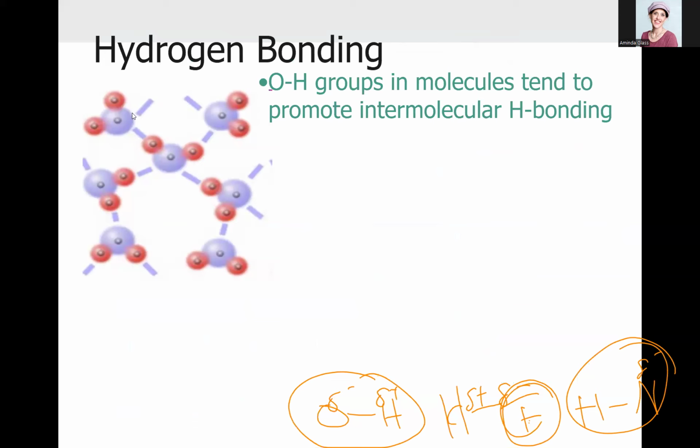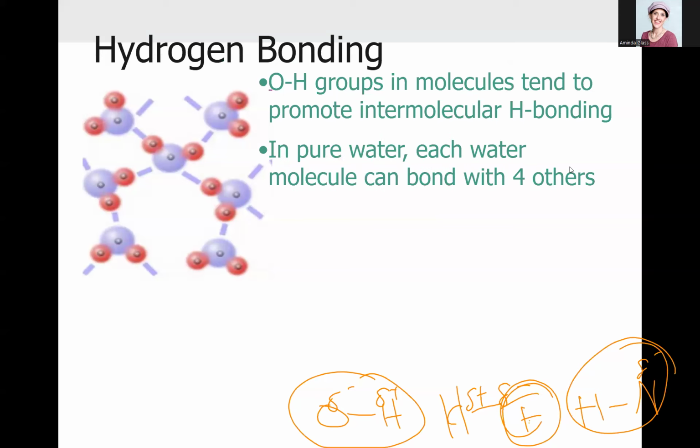Now, the hydroxyl groups, the OH groups in molecules, tend to promote intermolecular hydrogen bonding. So between molecules, you have your negative dipole here and your positive dipoles on each of your red hydrogen atoms. Now in pure water, each water molecule can bond with four others.